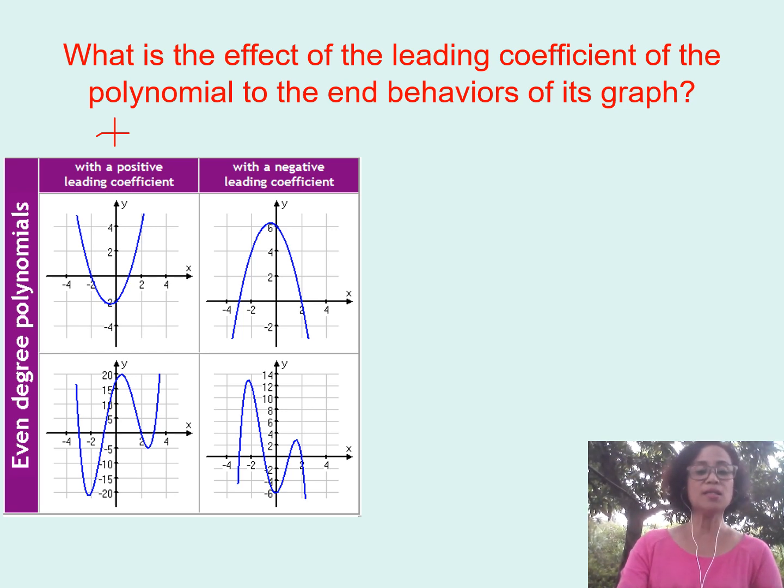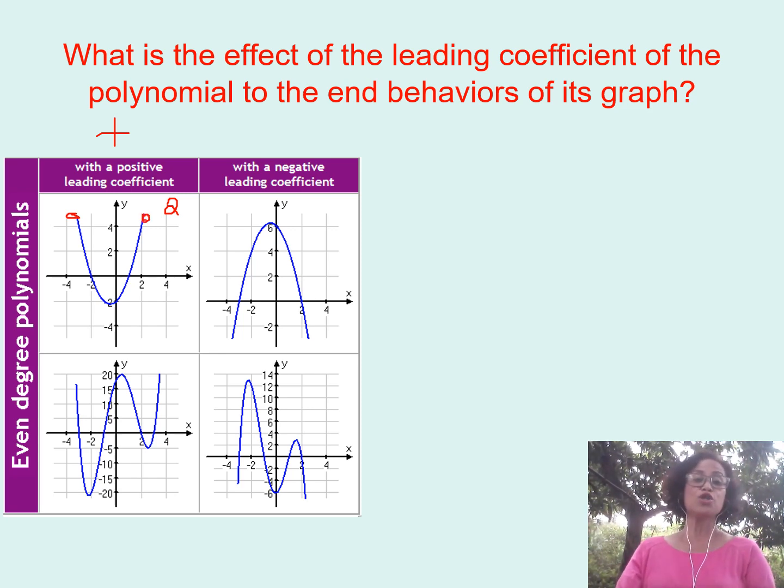So, in this column, these are positive leading coefficients, and this is in the second degree. Notice that it started with a high point here, then it went low, but it ended with a high point again. So meaning, this is what we call a high, high.